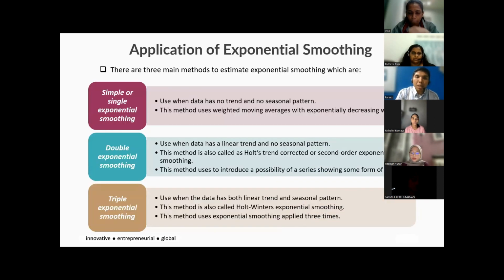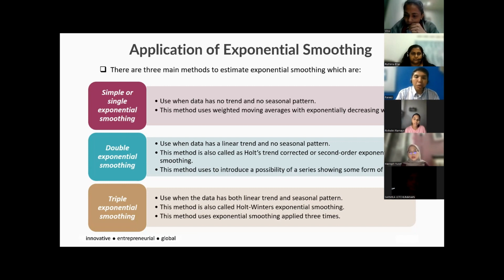Okay, there are three main methods to estimate exponential smoothing. The first one is simple or single exponential smoothing, then double exponential smoothing, and the last one is triple exponential smoothing. To differentiate between these three methods, it is based on the trend and seasonality. Single exponential smoothing is used when data has no trend and no seasonal pattern.